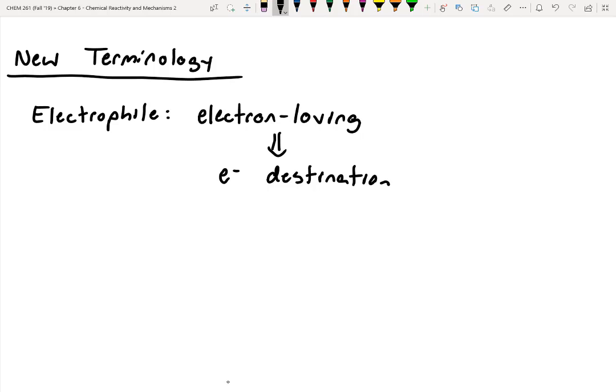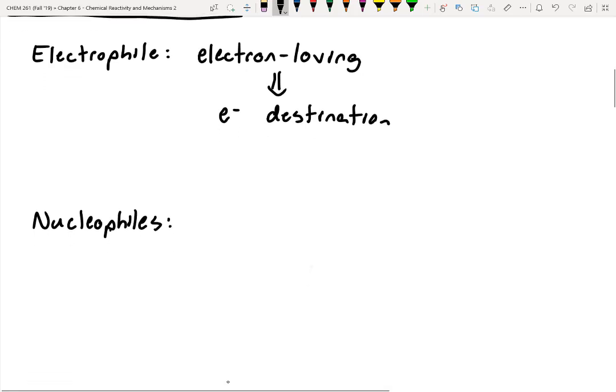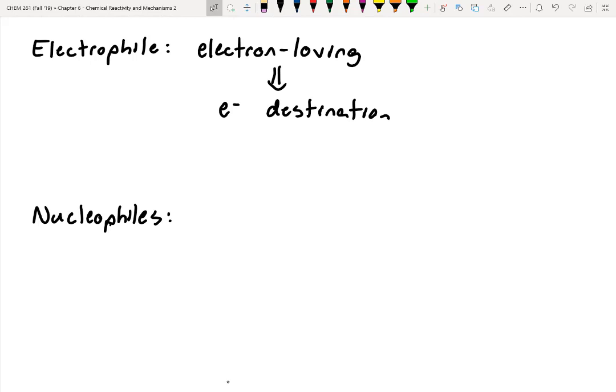And let's talk about nucleophiles down here. Same sort of root here, phile in this case, which means loving. In this case, it's nucleus-loving. What property do nuclei have? Are they positive or negative? Positive.